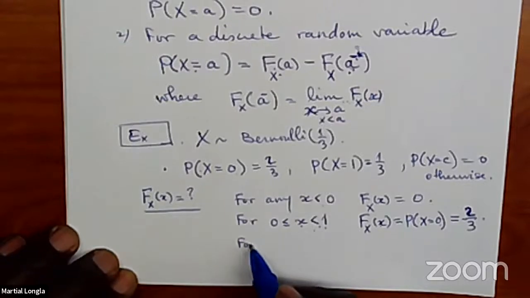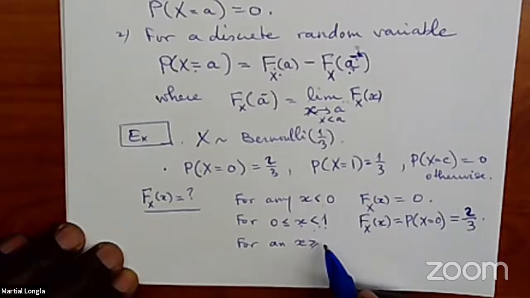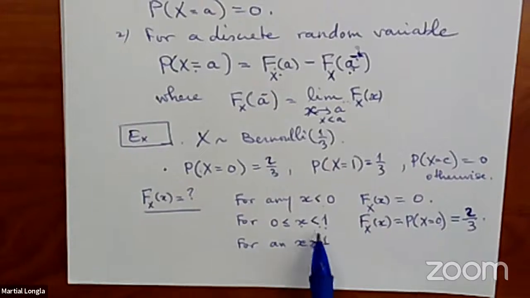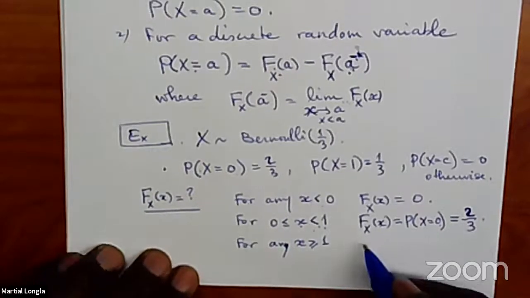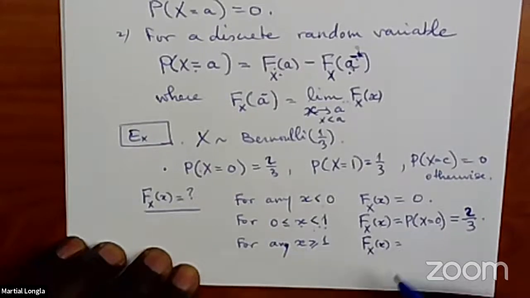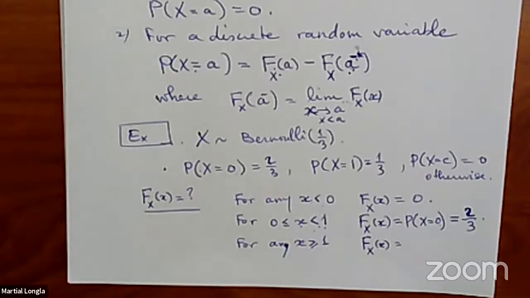Now, for any x larger than or equal to 1, notice that I included 1 here, right? What happens? F_X of little x equals, what's going to happen here? It's going to equal 1.